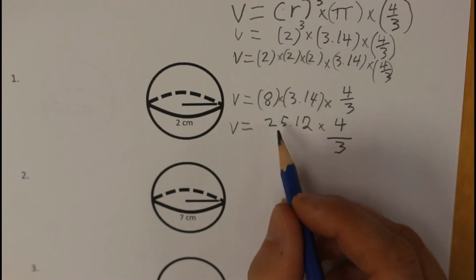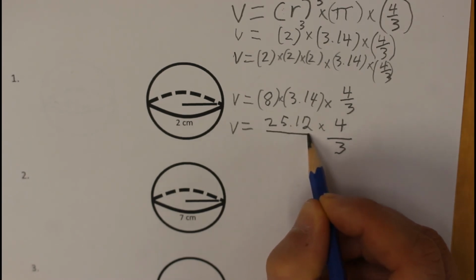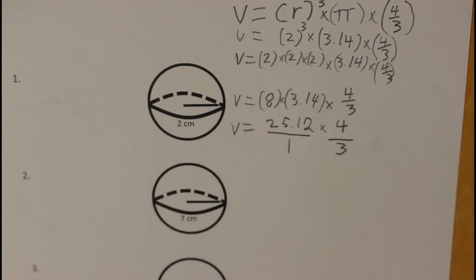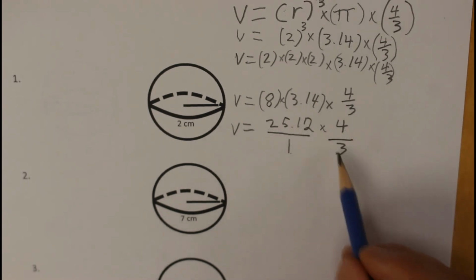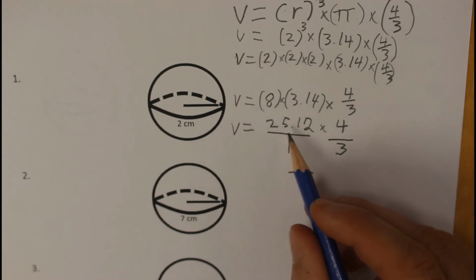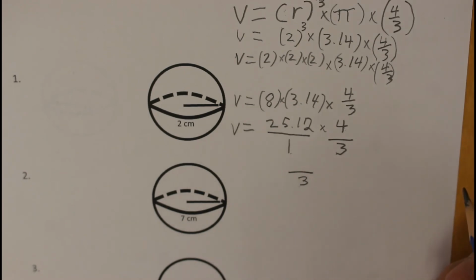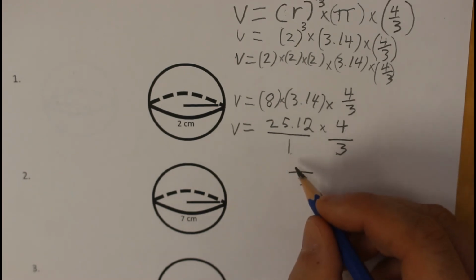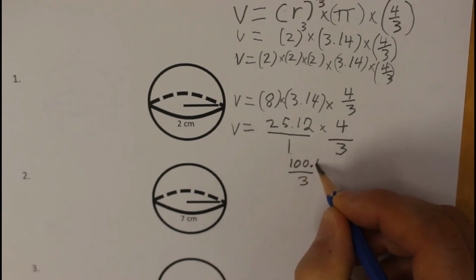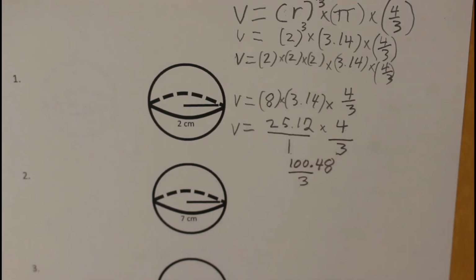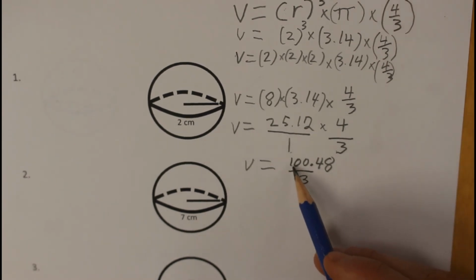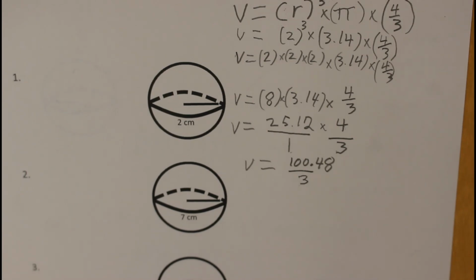So remember, we just take this whole number and we turn it into a fraction. Just do that by putting it over 1. Awesome. So 1 times 3 is 3. And 25.12 times 4 is 100.48. Great. Volume equals. And we just 100.48 divided by 3.